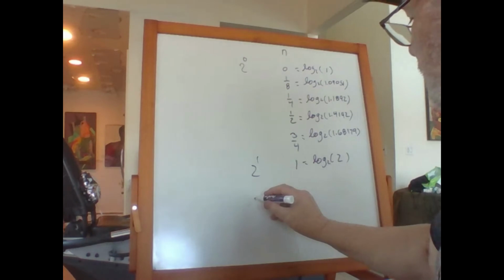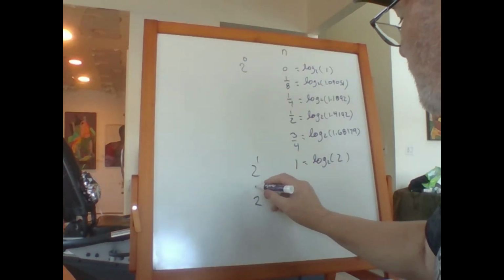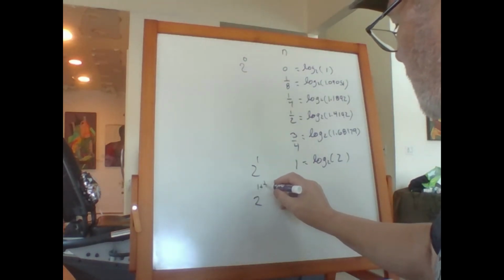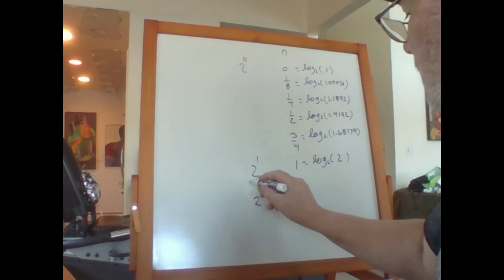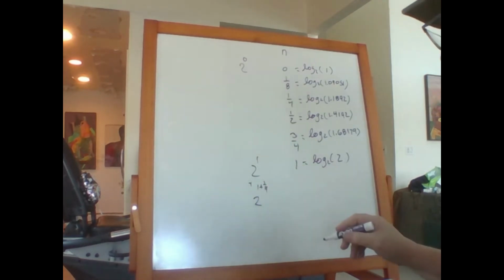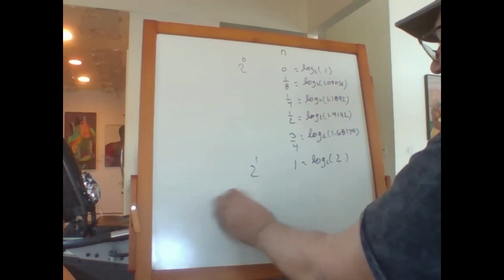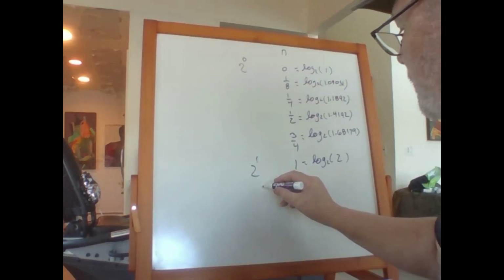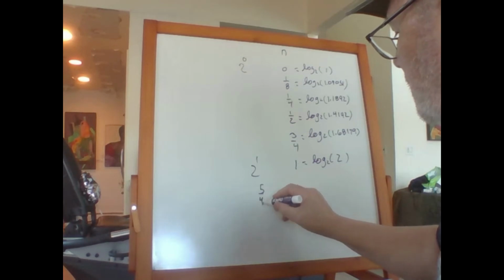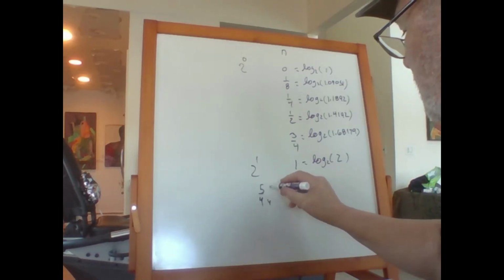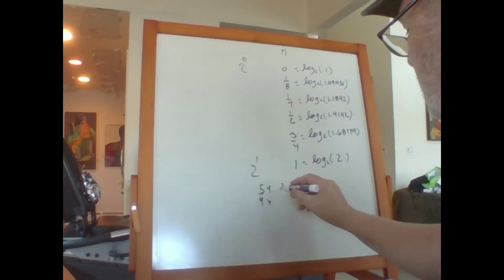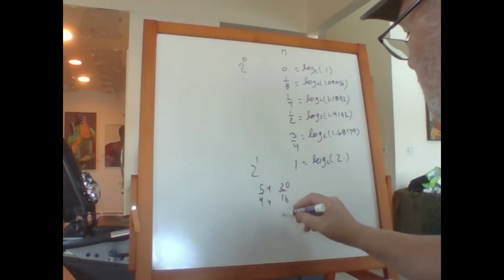I mean, 2 to 1 and 1/4. Well, that's 4/4. That's 5/4. 16ths. Let's see. That's 20 16ths.